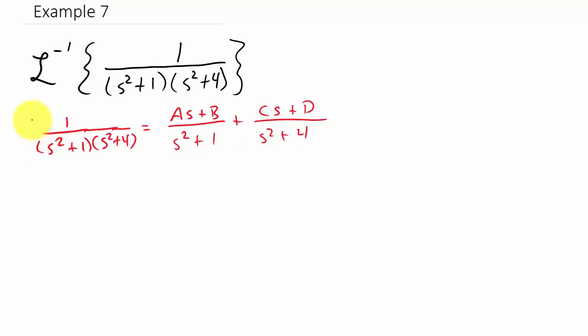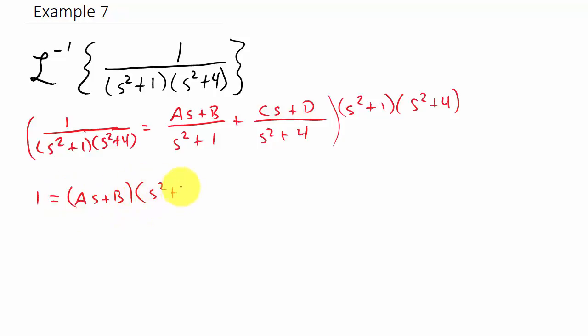And now I need to multiply everything by the common denominator. And so that's going to leave me with 1 equals as plus b times s squared plus 4 plus cs plus d times s squared plus 1.